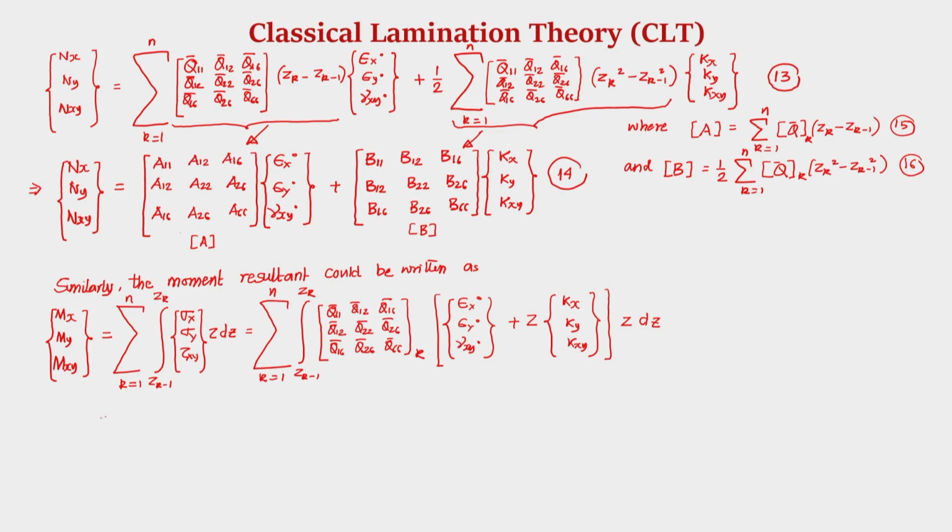So, we can write this as, therefore, M x, M y, M x y is equal to sum over all the layers Q bar matrix for the kth layer.